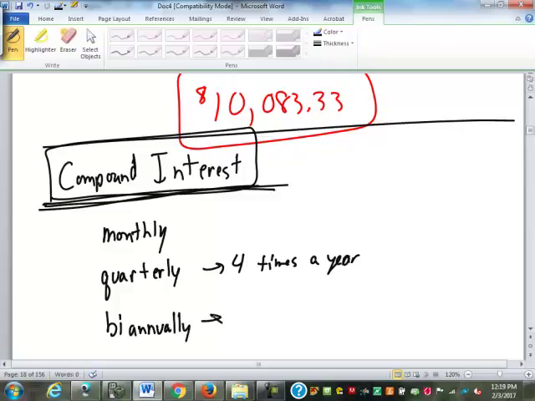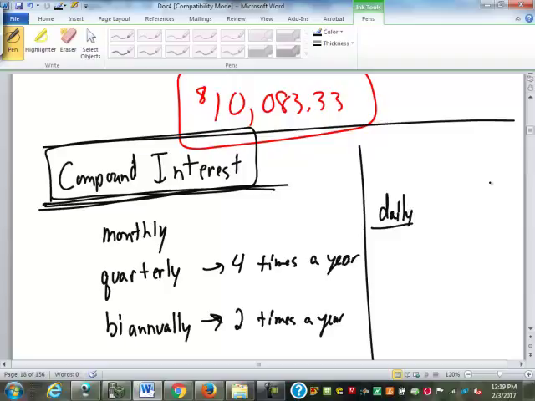That was every 6 months or 2 times a year. That one's hardly ever used anymore. Some of the larger banks do daily compounded interest every day. And there's a trend out there to do continuous compound interest. The continuous compound interest gets to be a complex formula that's done with the computer.